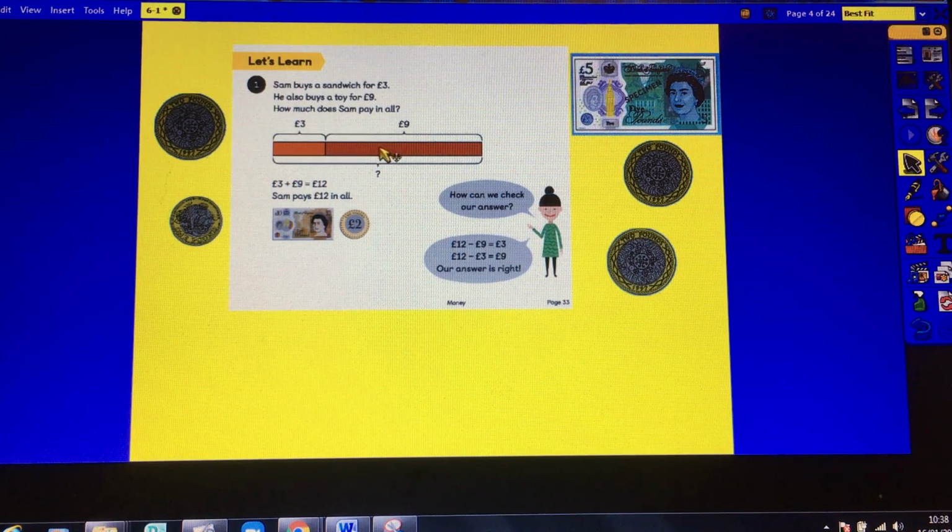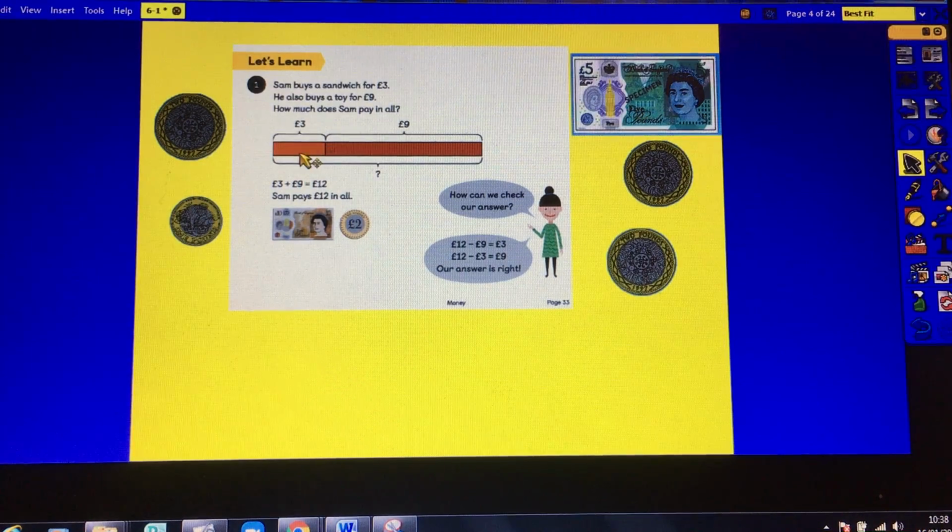When we draw a bar model, you can see that if it's a bigger amount, we're using a bigger bar. Now you might have used your specimen notes and coins to help you find the answer. Let's check how we can use those notes and coins today to help us find the right answers by counting on, if we can't do it in our head.